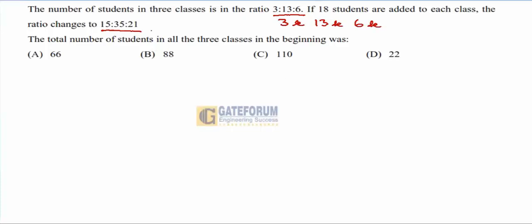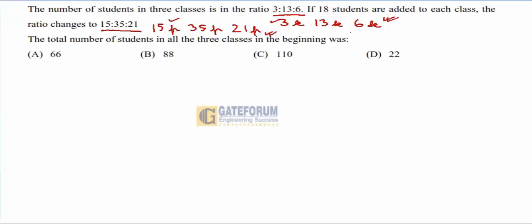And let the number of students here be 15P, 35P, 21P, where the constant of proportionality in the first ratio is K, and the constant of proportionality in the second ratio is P. So I select any two of them because only two would be necessary. My aim is to find out K and P. So the smallest of them all is the first case and the second case.